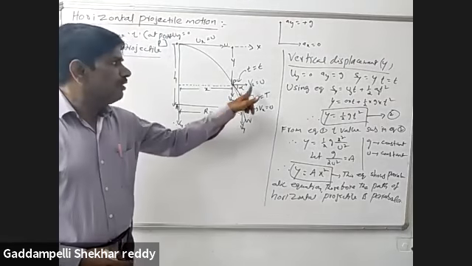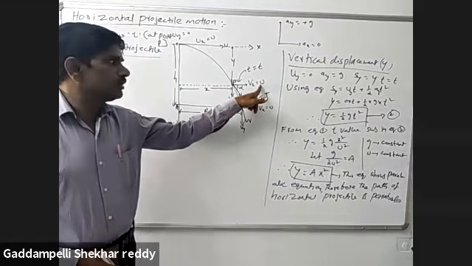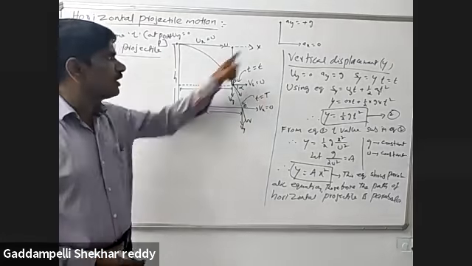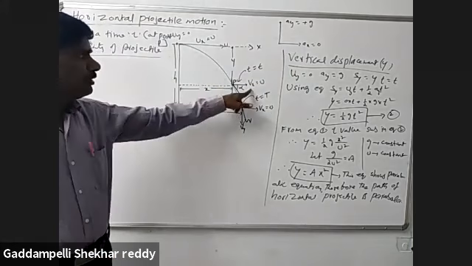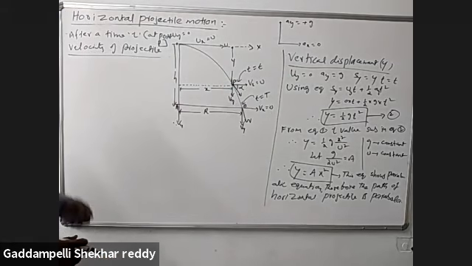At point P, the horizontal velocity remains constant. What is the reason? Along the horizontal direction, acceleration is 0. So throughout the path, the horizontal velocity remains constant.